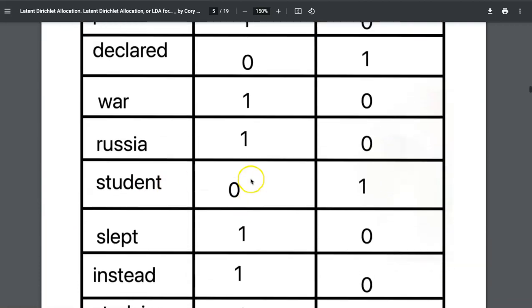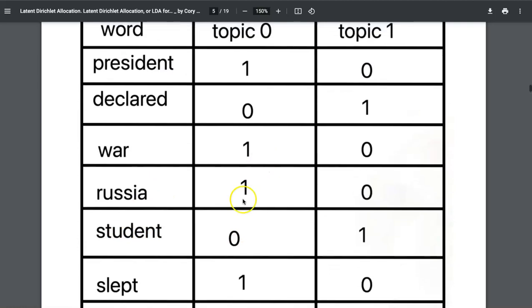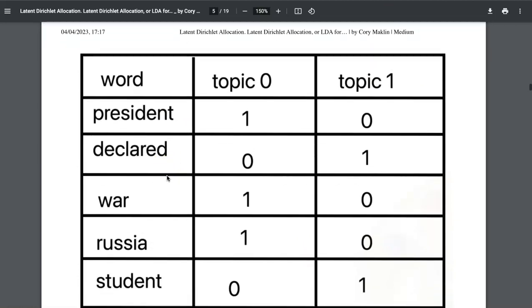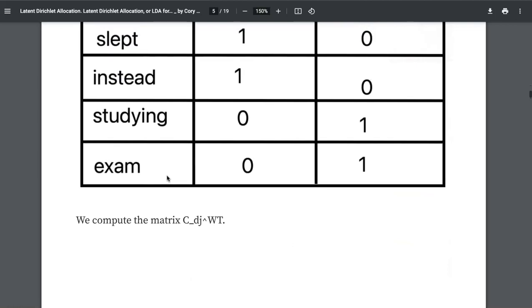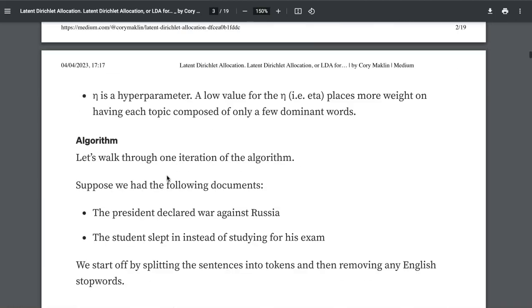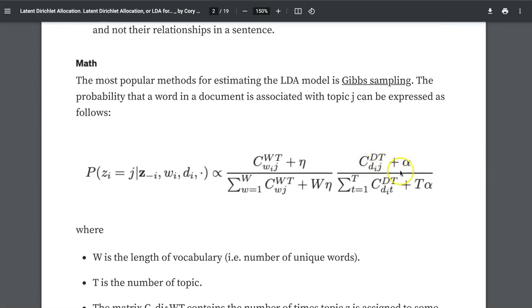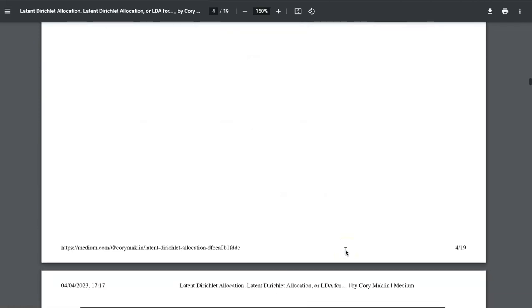So for student the topic class 0 occurrence is 0, but for topic class 1 the occurrence is 1. That is how you make this word topic matrix. Now it's done. Now what is the second matrix? You need to calculate this DT, the document topic matrix.